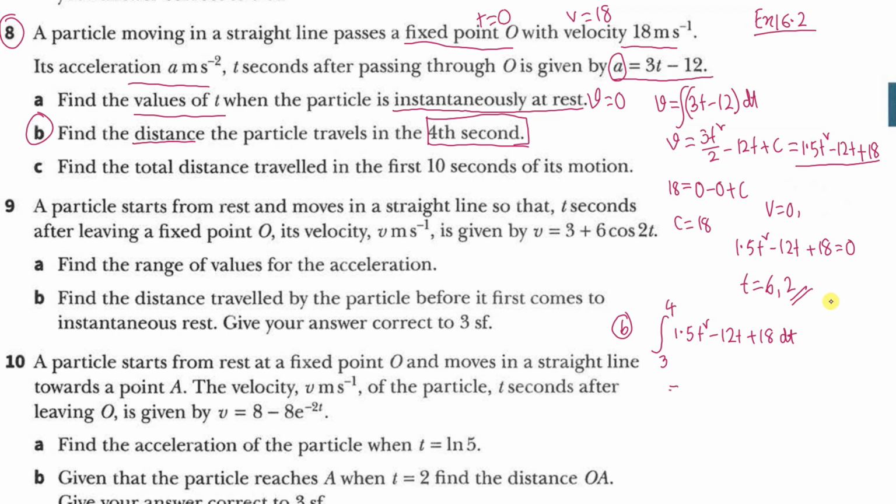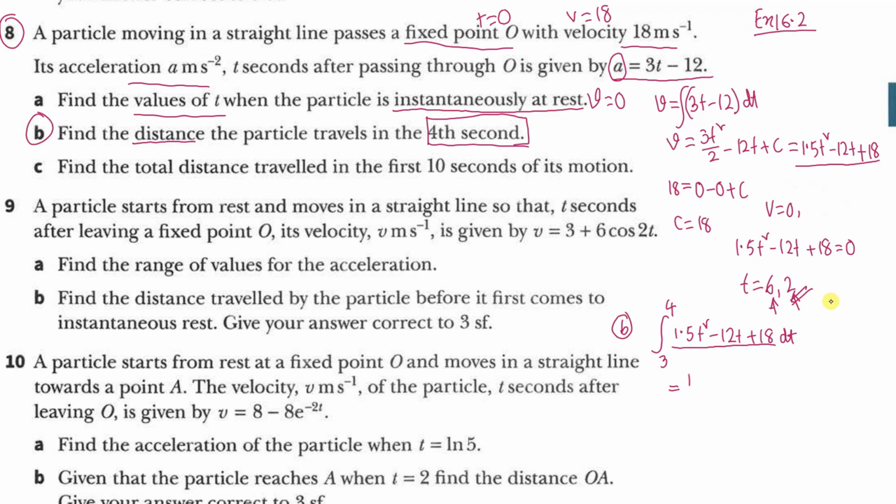The reason behind directly integrating from 3 to 4 is that the value of v becomes 0 at 2, and another value is 6. So from 2 to 6, 3 and 4 lie between 2 and 6, so it would not create any problem to get our value.